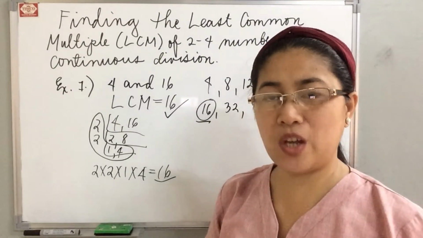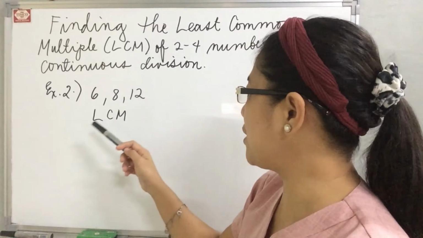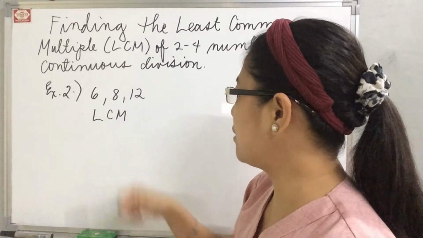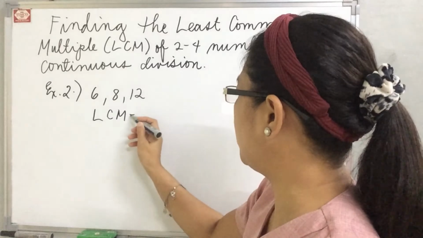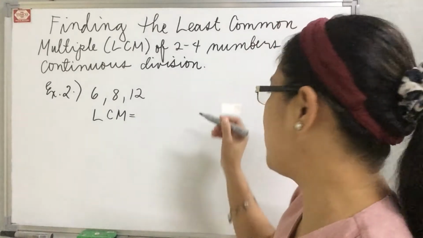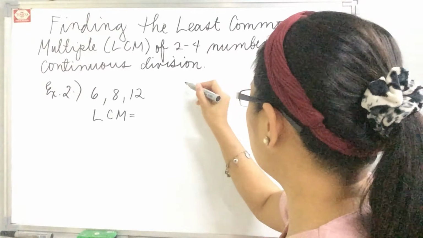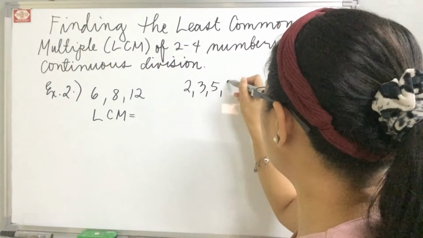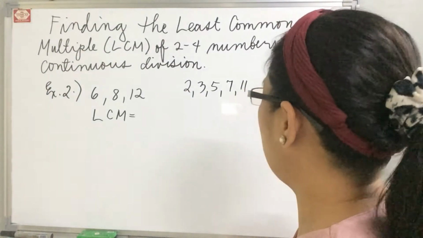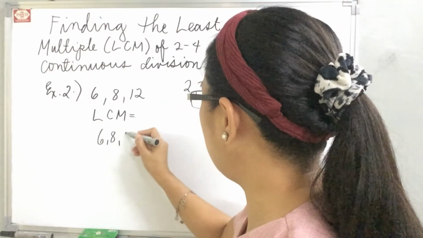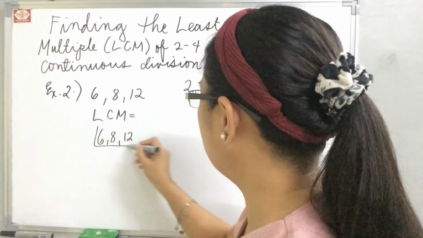Okay, now let's go to the next example. So we have here 6, 8, and 12. So let's find the LCM, or the least common multiple. Again, what are our first 5 prime divisors? We have 2, 3, 5, 7, and 11. 6, 8, and 12.